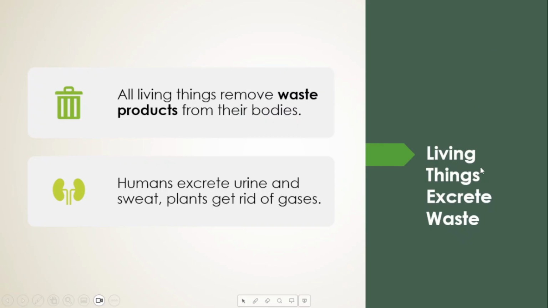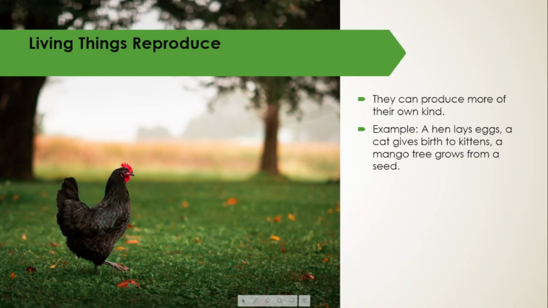Next, all living things excrete waste. All living things remove waste products from their bodies. Humans excrete urine and sweat, while plants get rid of gases. So these are the processes of excretion seen both in plants and animals.